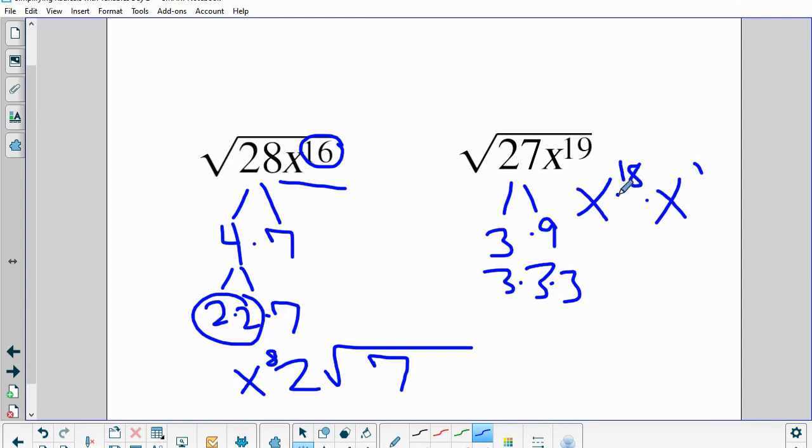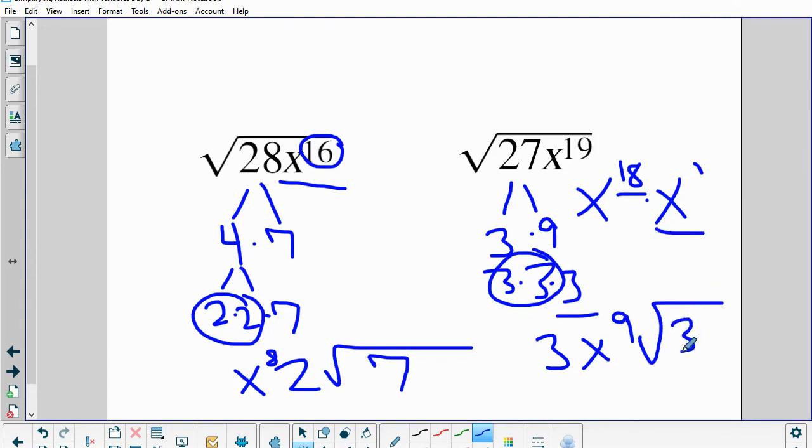And now we've got an even exponent out there, so if we take half of 18, out front we end up with one of these 3's, so 3x to the 9th times the square root of 3 and x to the 1st, or 3x.